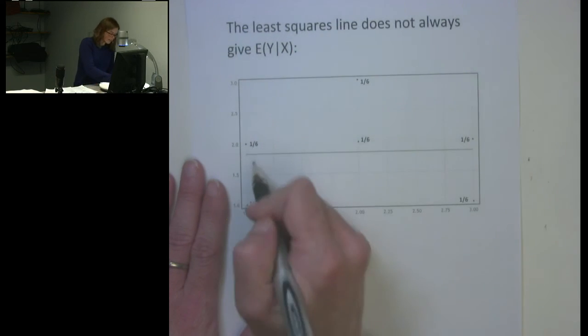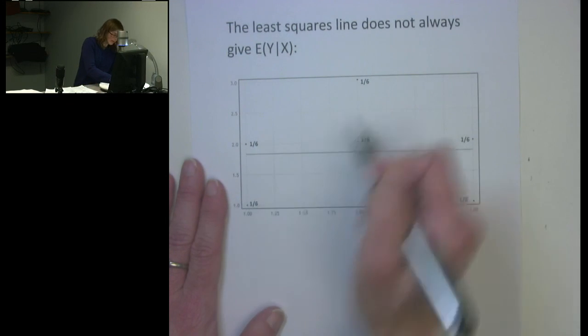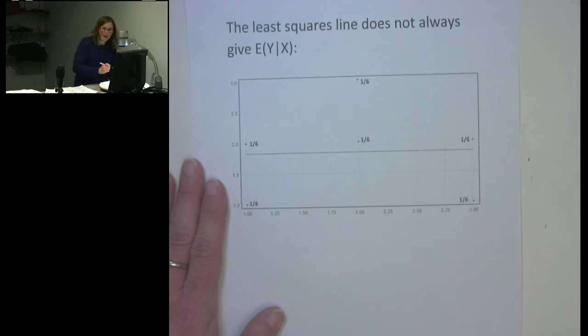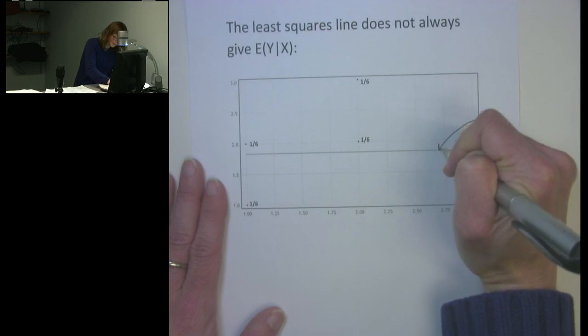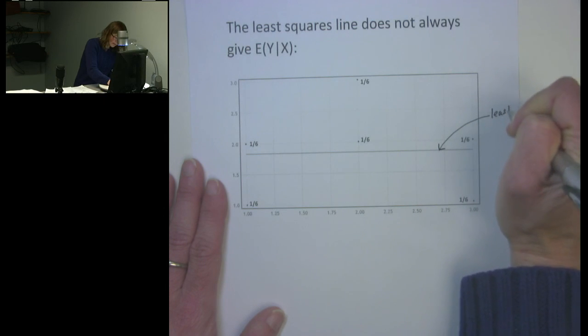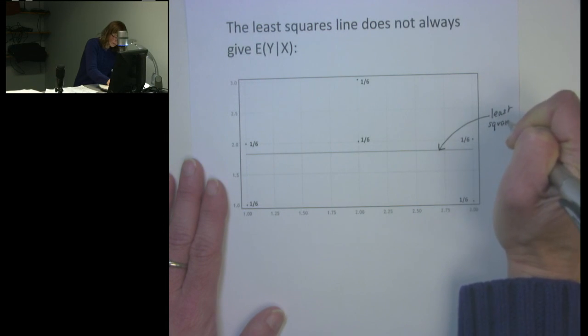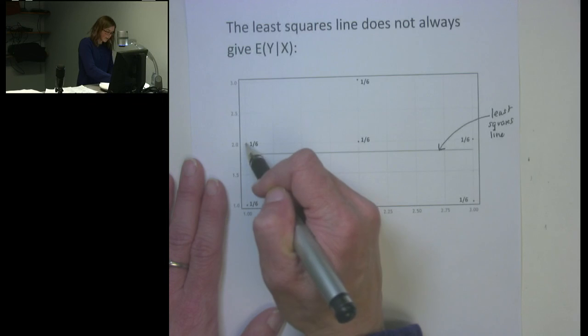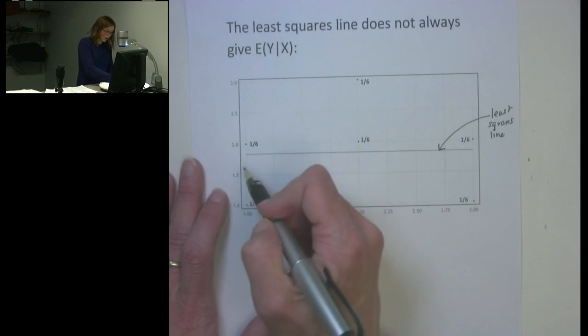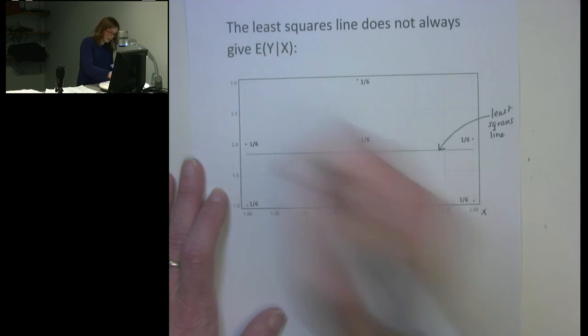So here's a probability mass function graphed, and this is the least squares line. Now, we've got our x and our y.